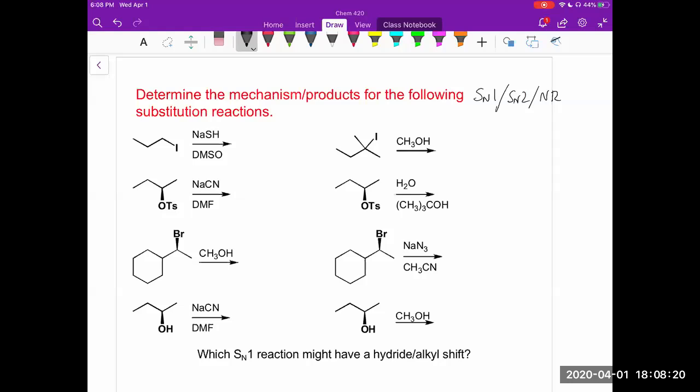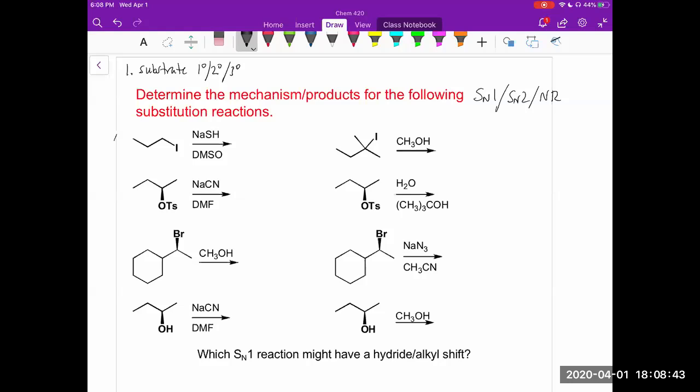Analyze substrate first, and we'll go down the first column and then down the second column. First thing I do when I'm looking at this is I look at substrate. I classify it: primary, secondary, tertiary.